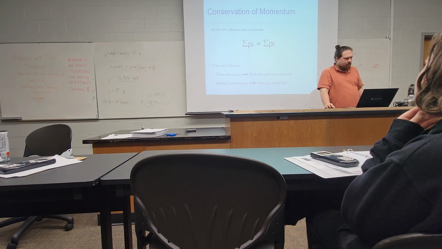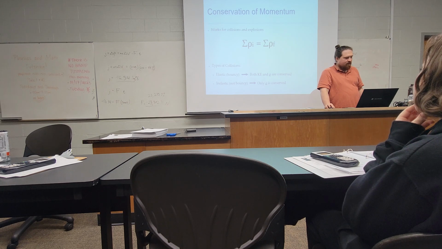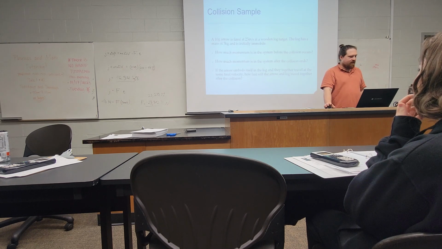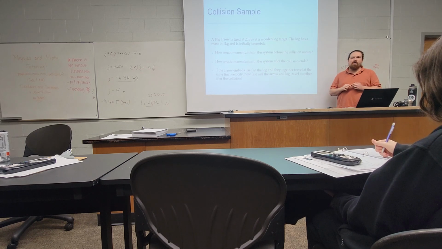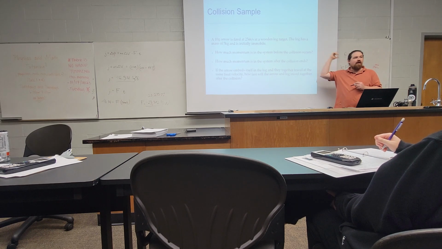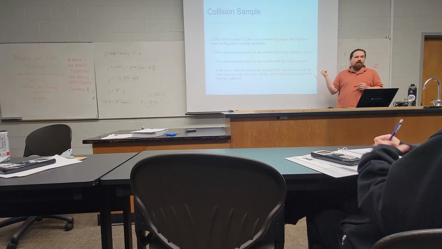Now, to kind of illustrate what's happening to the kinetic energy in a collision, I actually want to go back to one we've already worked. This is the first collision example we did, launching an arrow at a wooden log.